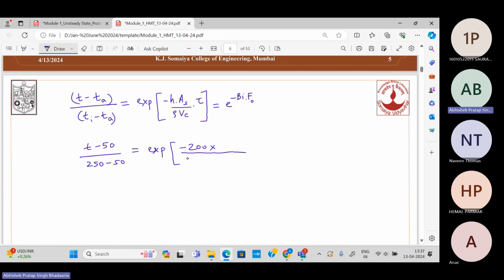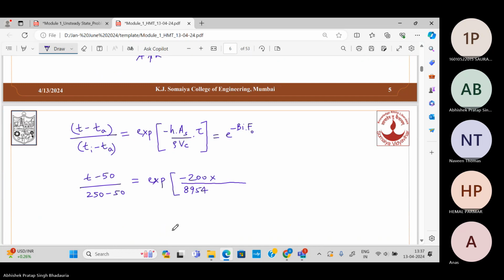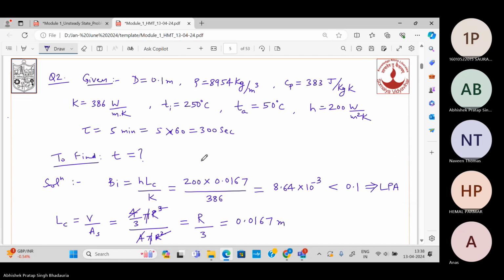Value of density is 8954. Now volume per unit surface area, that value we have already calculated, 0.0167. We'll put the value here. Now the value of specific heat, what is given? 383.